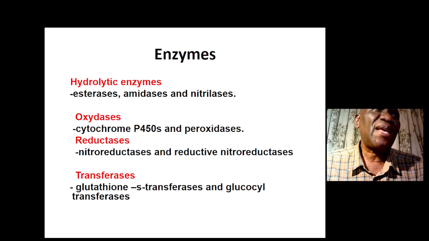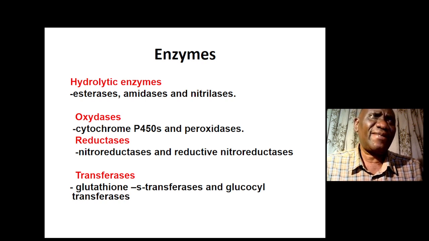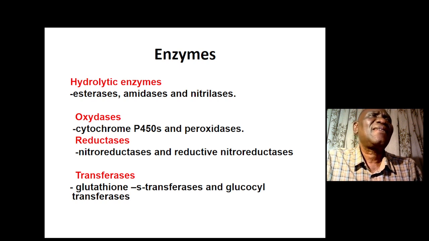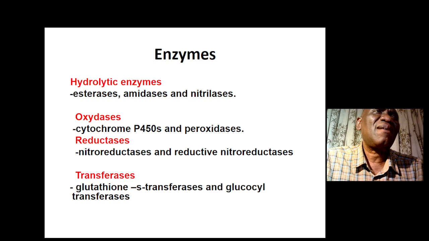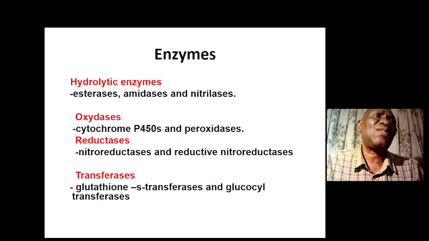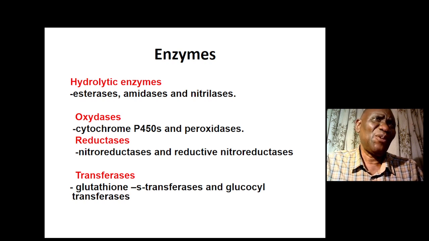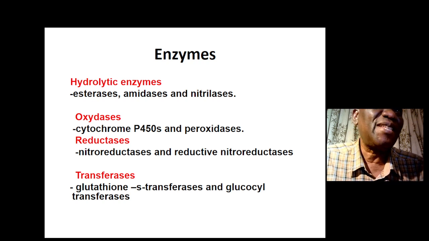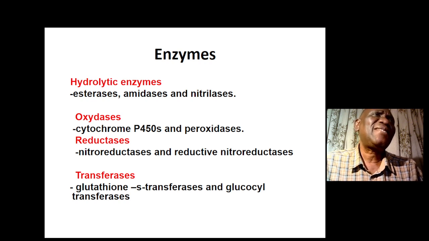We also have the oxidases. The most common one, which is known as cytochrome P450, is the one which does a lot of work, especially in phase 1. Then we have the peroxidases, which also help to break down these pesticides, although we will focus mostly on cytochrome P450.